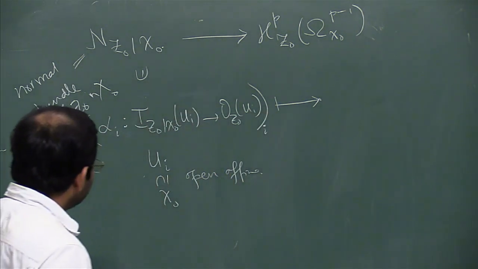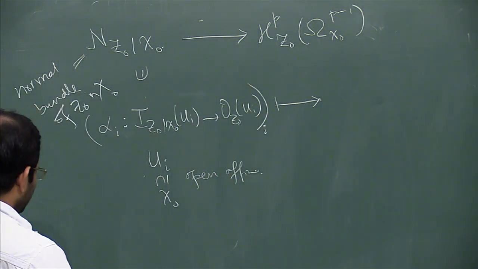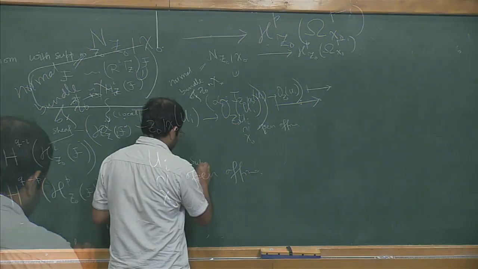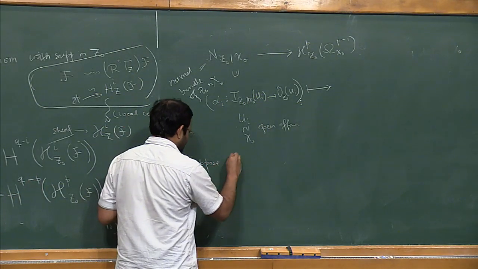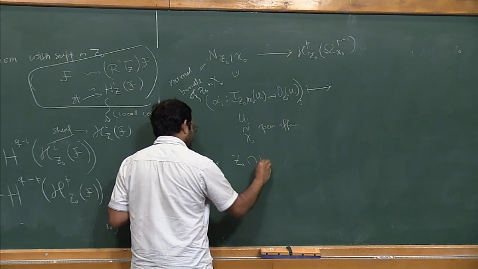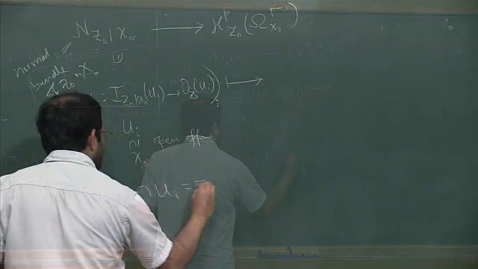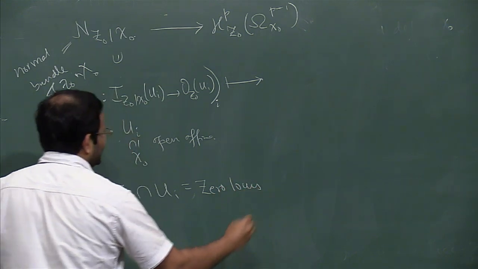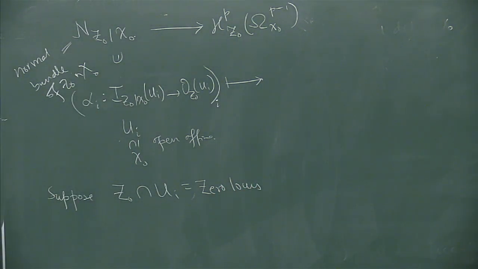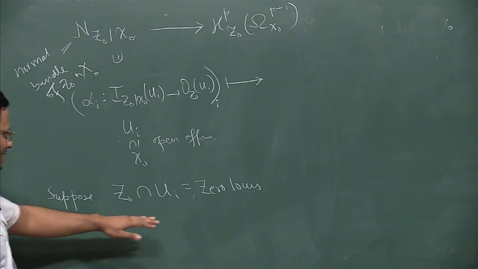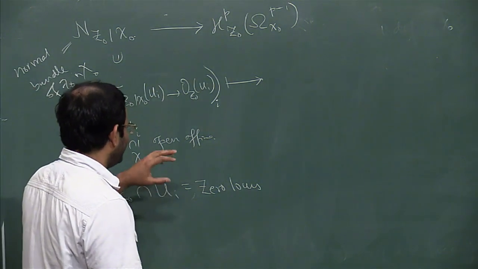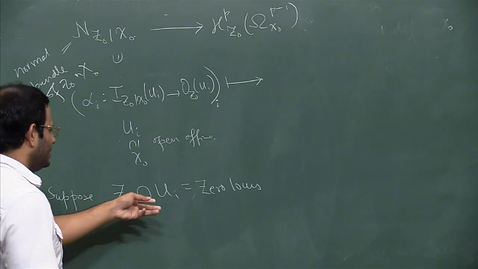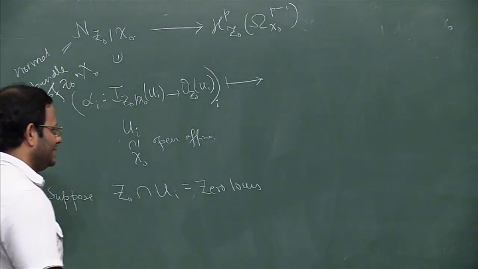So, let us say that on this open subset, suppose Z0 is defined as the 0 locus. I said that this is a local complete intersection. So, I can always take the open affine small enough such that on that open affine Z naught is a complete intersection.